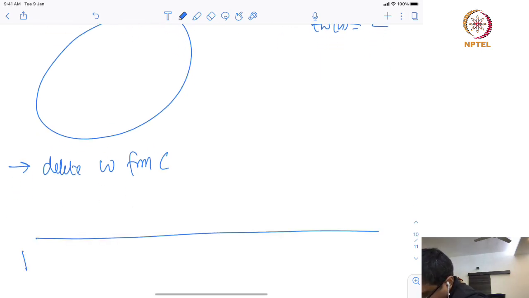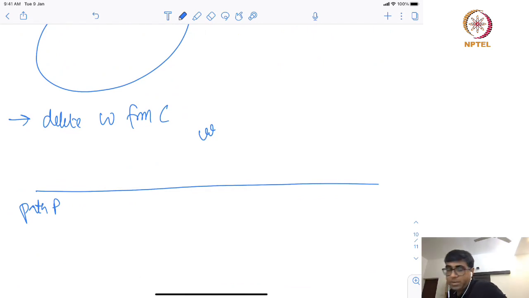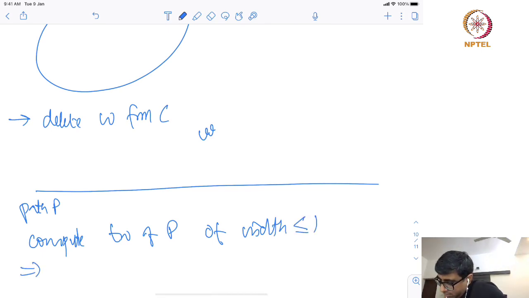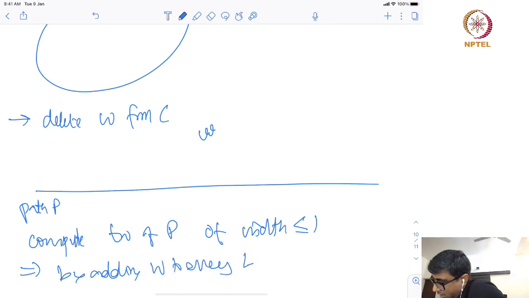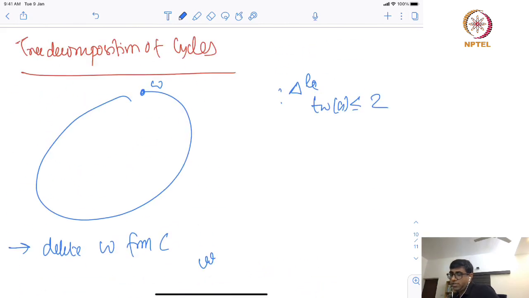Then this is a path P, and here's W. For path P, we know how to compute a tree decomposition of width at most 1, which implies that by adding W to every bag, we get a tree decomposition of C of width at most 2, because we just applied the previous lemma.